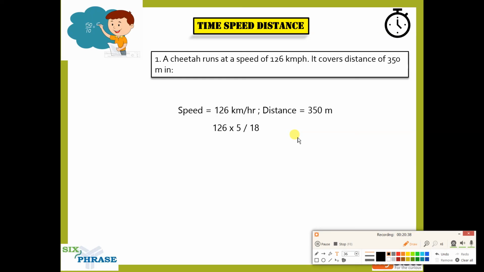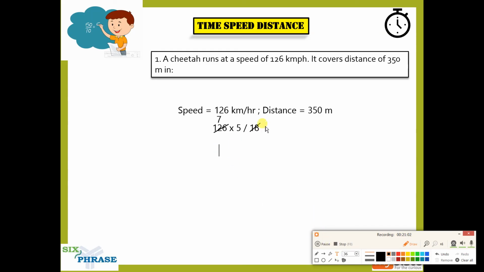So 18 will go 7 times, because 18 5 times is 90, 18 6 times is 108, and 18 7 times is 126. So if you have a 7 over here, 7 into 5 will give you 35.